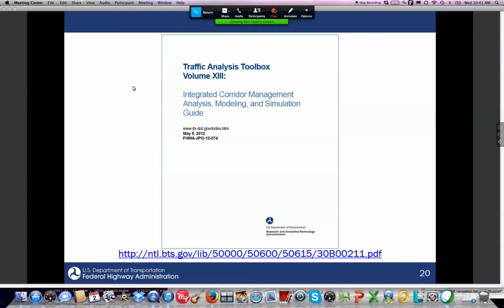The link that you can actually access it at the bottom, but it's not a very user-friendly URL. So you can also just Google the FHWA Traffic Analysis Toolbox, and this is volume 13 within that toolbox to get you some good information on how to use AMS within an ICM environment.